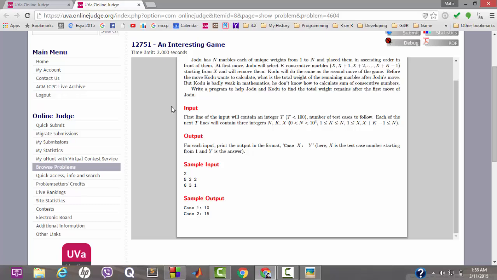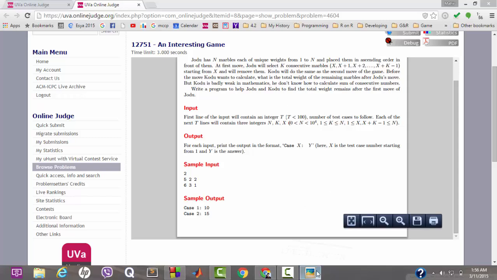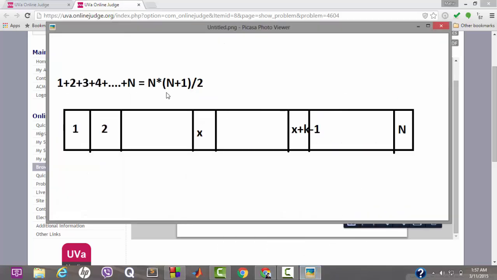So how do we solve the problem? If we know the initial total weight of the marbles, and if we know the removed weight of the marbles, we can easily find the remaining weight by subtracting the removed weight from the initial weight. How do we get these total weights? We can use the equation of series.